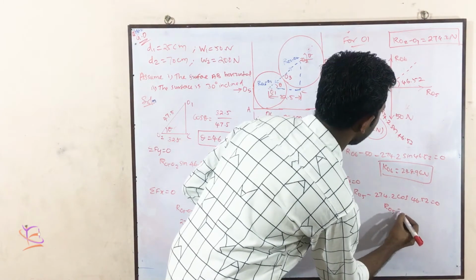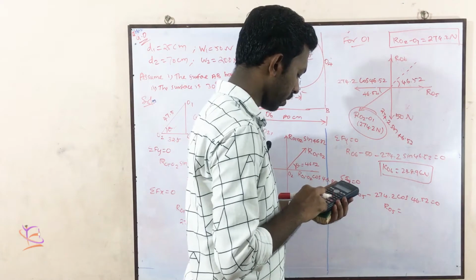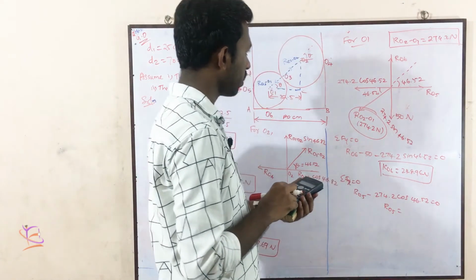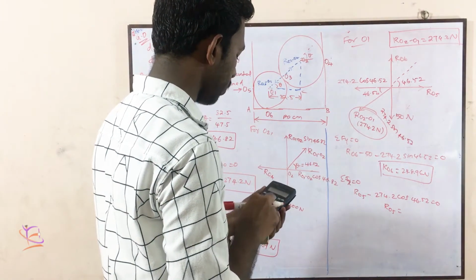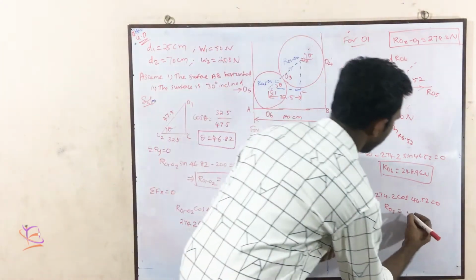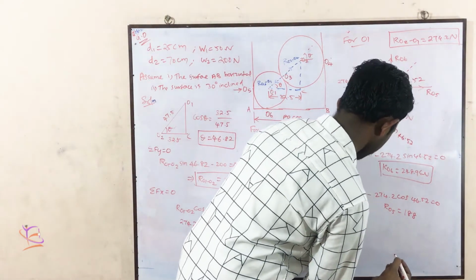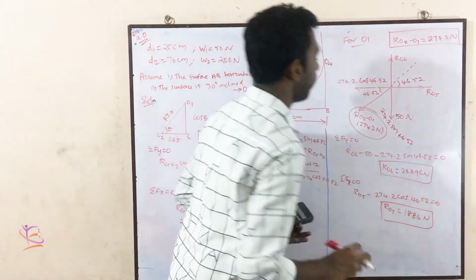So R05 is equal to, just multiply 274.2 into cos 46.52, equal to 188.6 Newton.